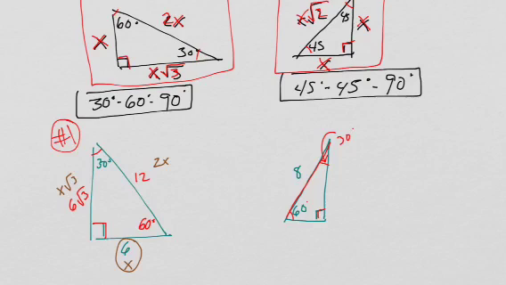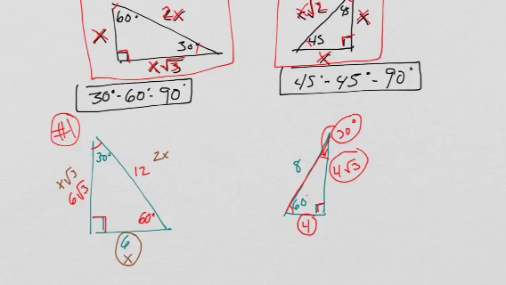So that means that the short leg is half of 8, which is 4. And then the other leg must be 4 square root 3. So we know three things about the triangle to start with: one side and two angles, and then we can figure out three other things that weren't given to us at the time.